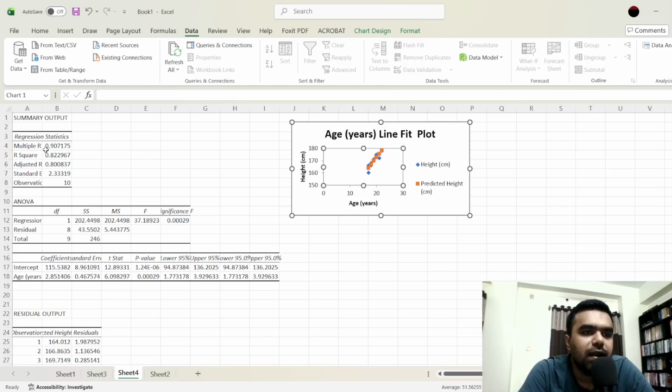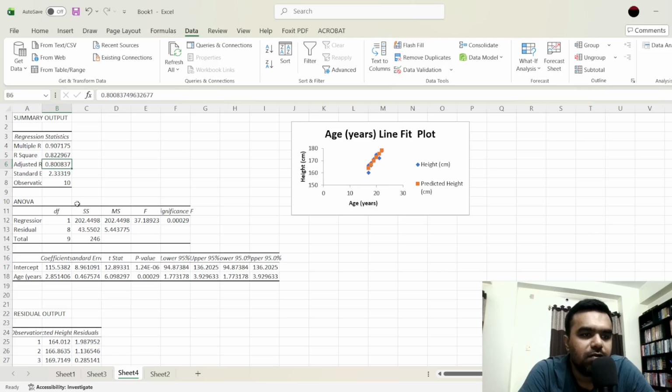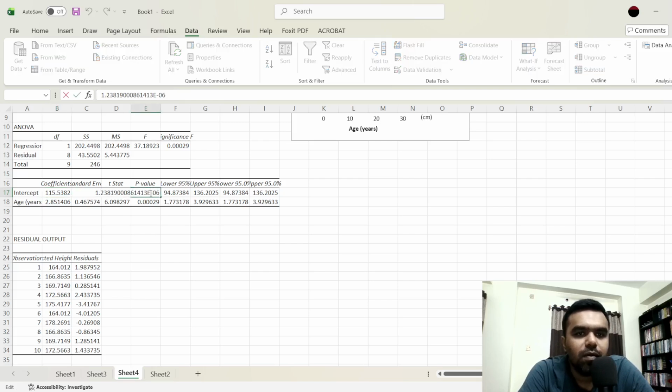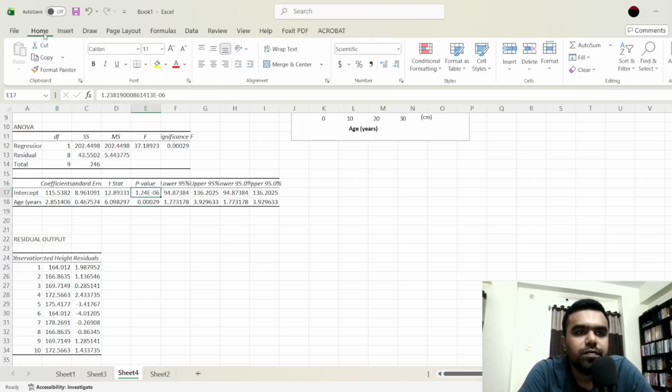and the multiple R. The R square is 82.2, and adjusted R square is this one. The intercept 115.532, and p value. What do we get for the p value? The p value.